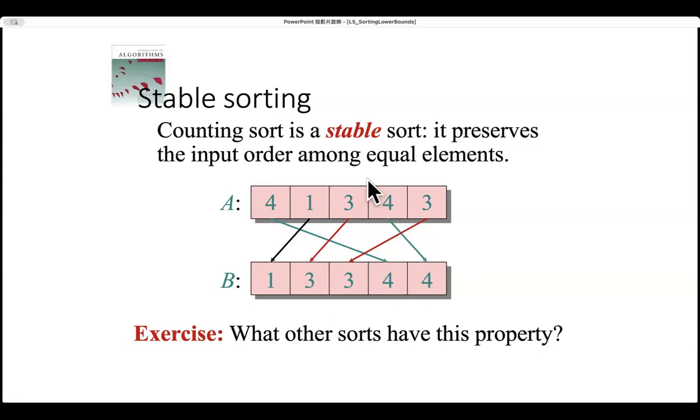That is the meaning of stable sort. A stable sort will maintain the order of the same values in the input sequence.